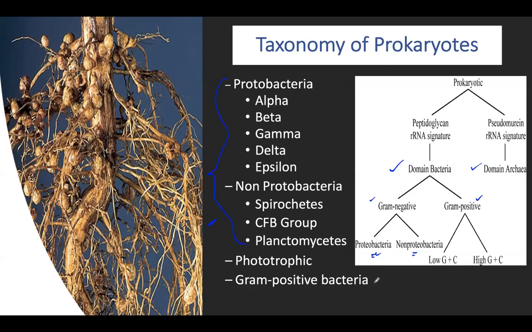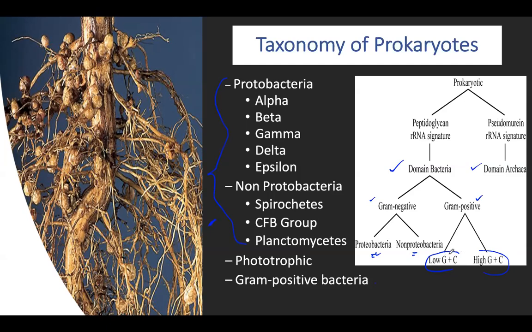Now the gram-positive bacteria, we have low G plus C and we have high G plus C. I hope you remember from A&P 1 the DNA nucleotide sequences: adenine, guanine, cytosine, thymine. To classify gram-positive bacteria, we work on the guanine and cytosine percentage.